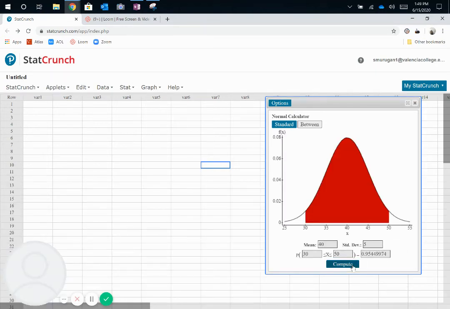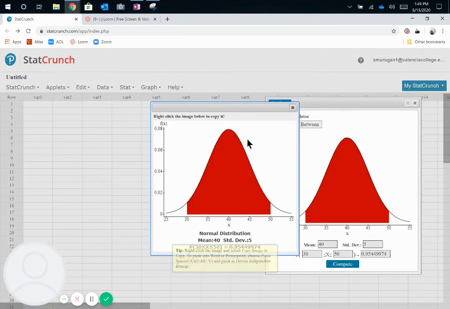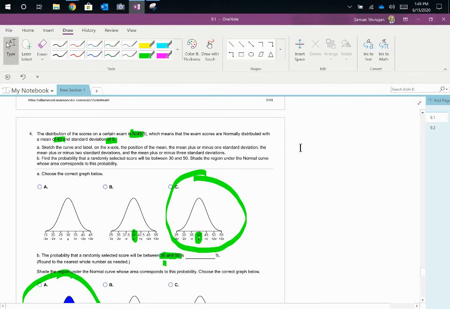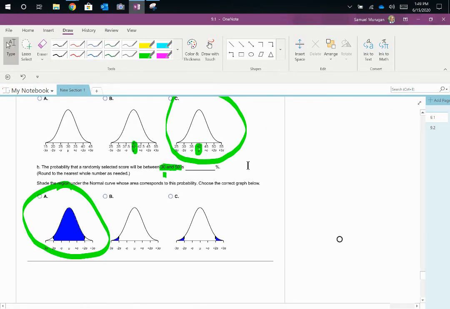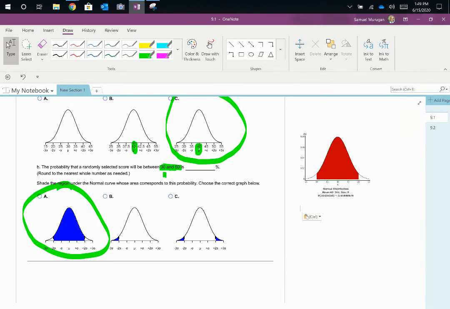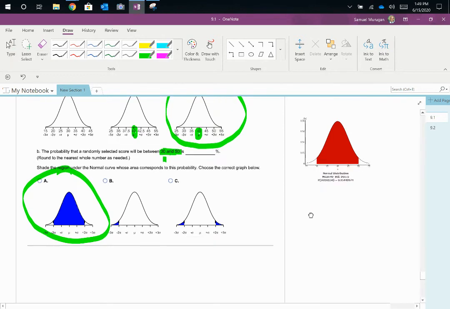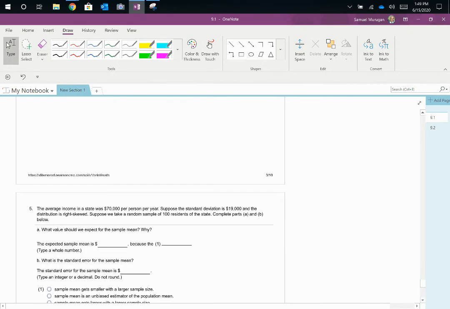Compute, and you can see the graph there between 30 and 50. Copy the image, place it in the notes, we're good to go. Really, there's no need to use StatCrunch for this. You can infer the answer based on what's given. All right, let's look at the rest of the problems.